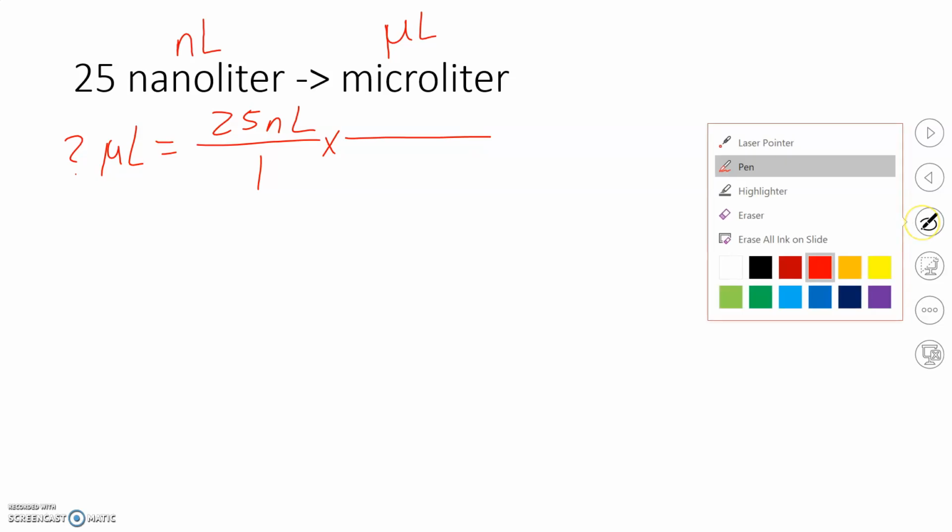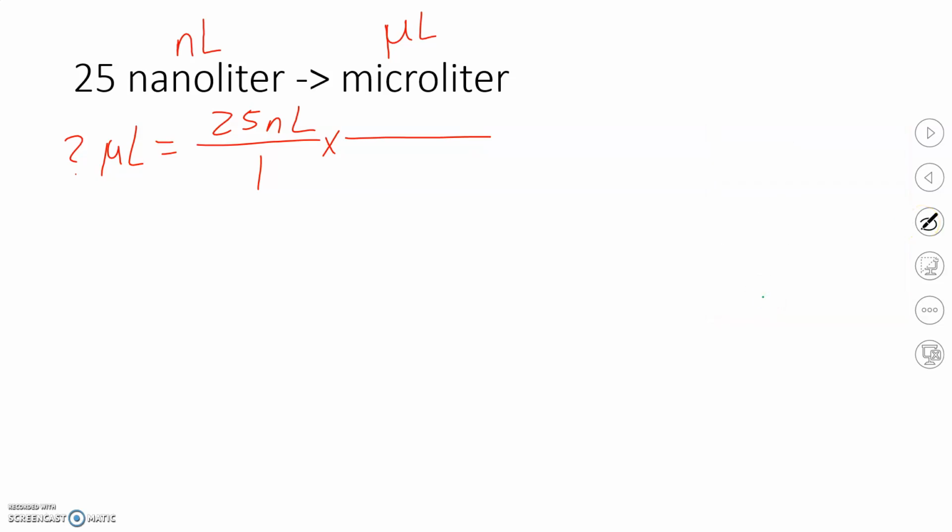So then, just like before, we are going to take whatever's on top, bring it down below. So nanoliter. Now, to figure out what goes on top, we have to look at our conversion chart.